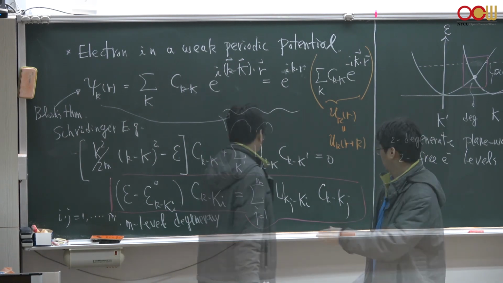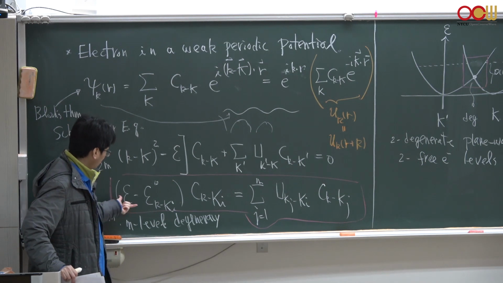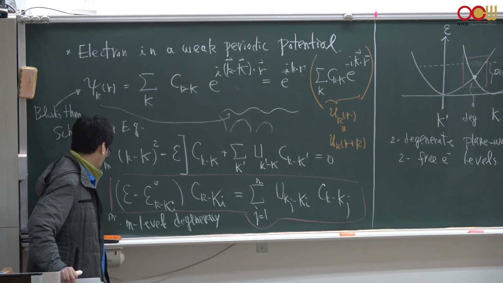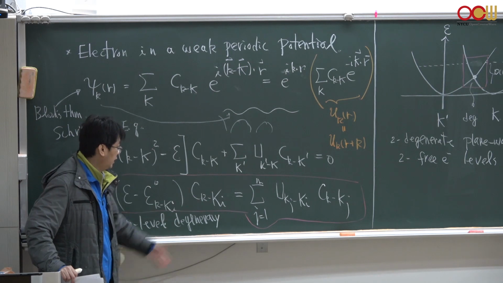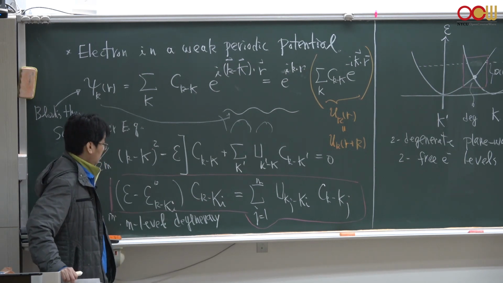Okay, so we know that there are many degenerate solutions satisfying this equation, and little i and little j represent such degenerate solutions.